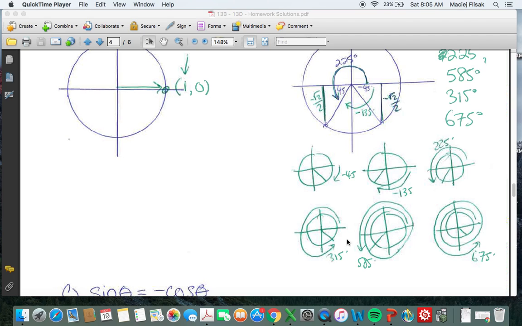so there's 315. Now, we can get angles all the way up to 720, so let's think about what's beyond 360. So here I'm going all the way around 360, and then onwards to here, back to this spot. So we went all the way around 360, and then that much more, and that much was 225. So 360 plus an extra 225 is 585.